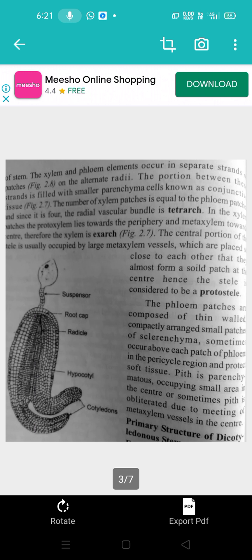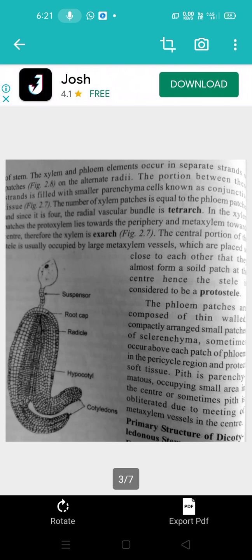The number of xylem patches equals the phloem patches. Since four radial vascular bundles may be observed, this vascular bundle is called the tetrarch type. In this xylem, the protoxylem lies towards the periphery and the metaxylem towards the center.